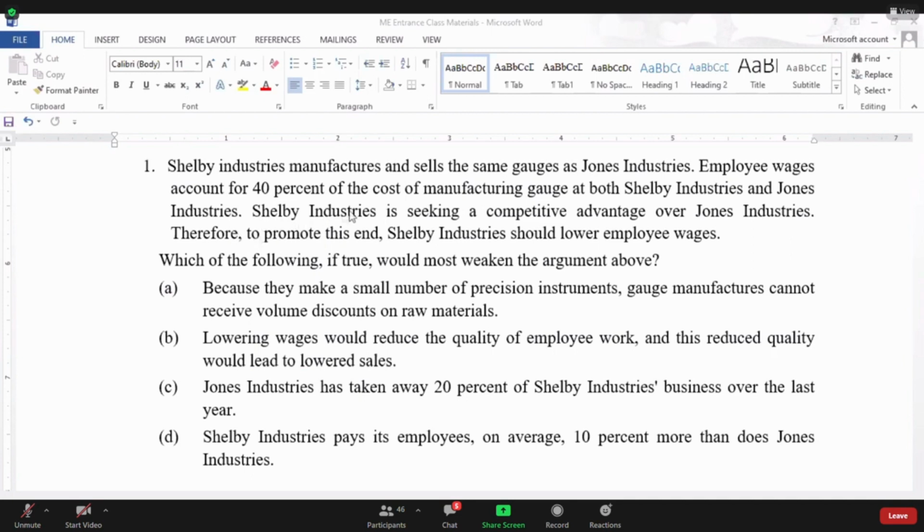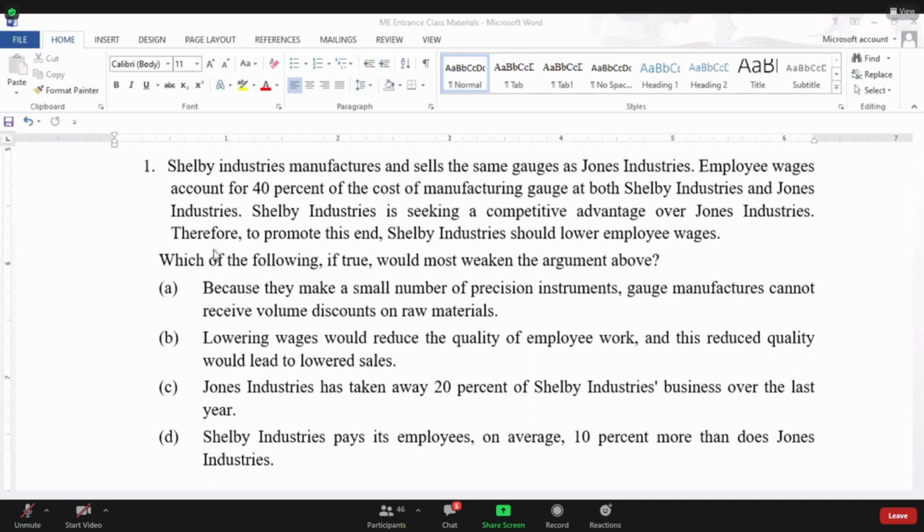Now next, Selva Industries is seeking a competitive advantage over Jones Industries. Now the important point is, Selva Industries wants to have more profit than Jones Industries.